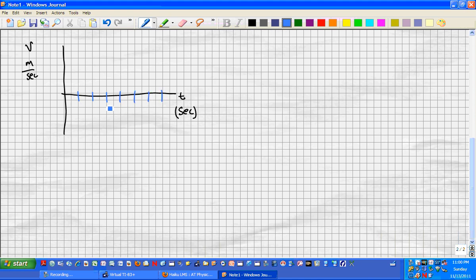So we've got 6 seconds, and let's say we've got 2, 4, 6. Positive, 0, minus, negative. All right, so let's say this graph looks something like this. That would be speeding up away.